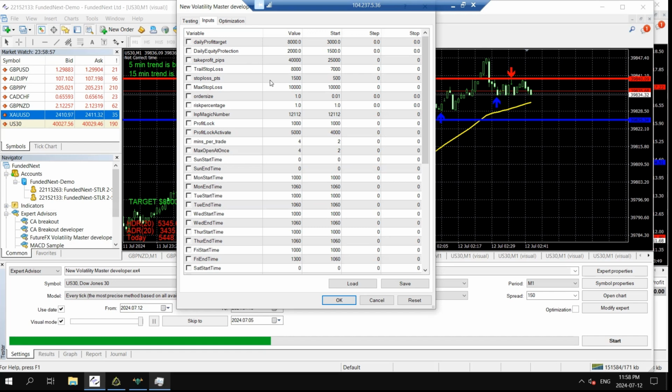You can use the software on pretty much anything, but we're looking at it on the US 30 here today. So the maximum distance the stop loss will be 10,000 points. But the take profit is set at 40,000 points.